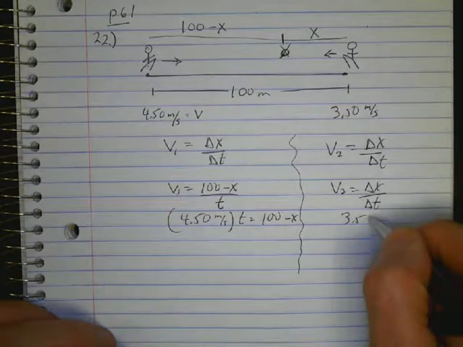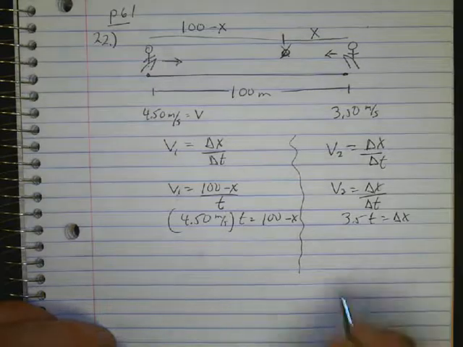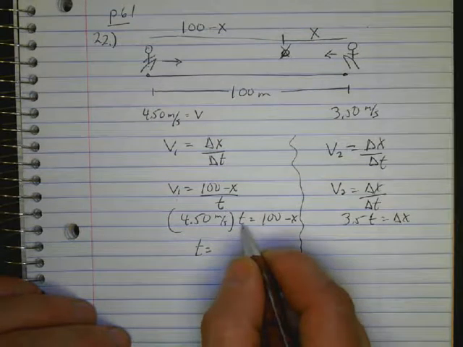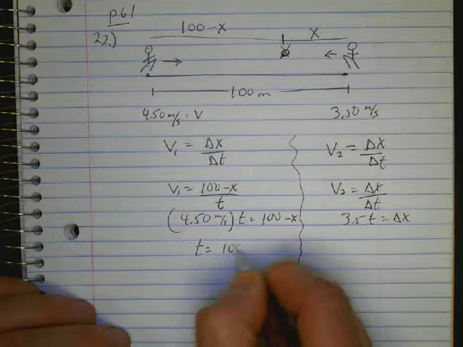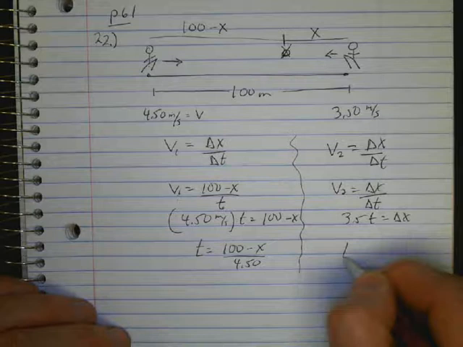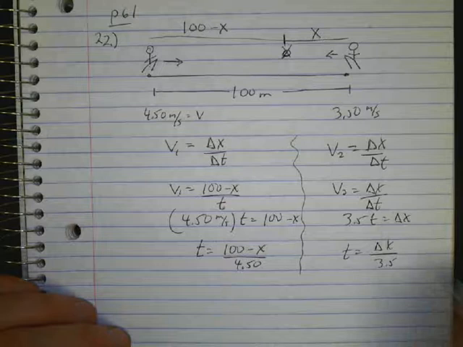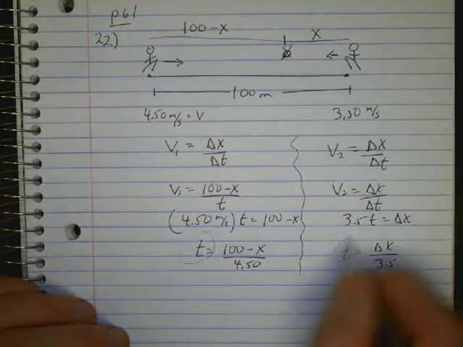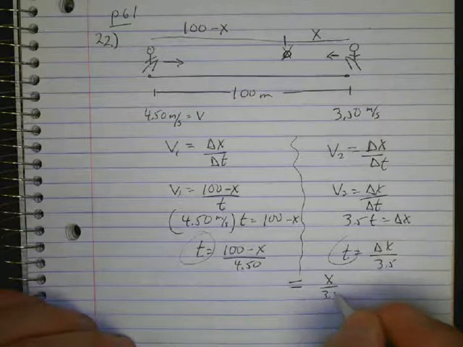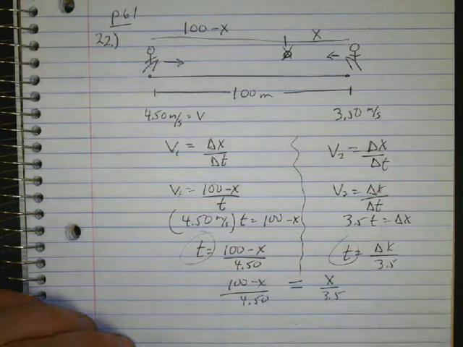Solve for t, so t in this case equals 100 less x over 4.50, and this t is equal to delta x, or x over 3.5. Now the t's are equal, right? So now we can write one equal sign and say x over 3.5 equals 100 minus x over 4.5.